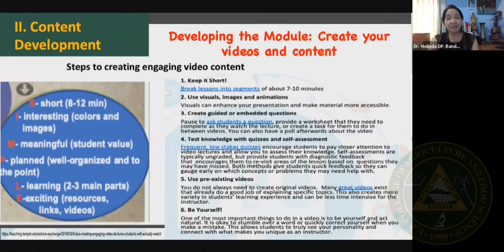This way the students won't fall asleep on our video, right? If it's too long, unless we can produce it Netflix-style, where they'd finish the episode even if they stay up all night, but that is close to impossible when doing recorded video lectures. So we have to consider these steps or tips when we create our own videos and content.